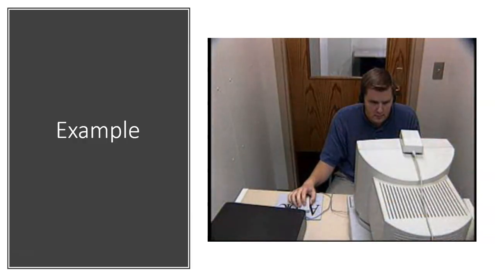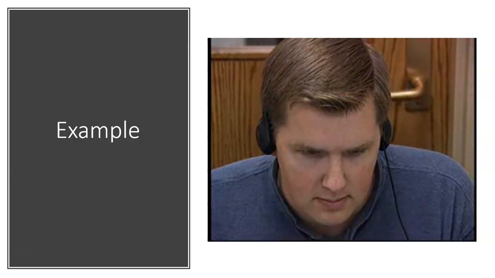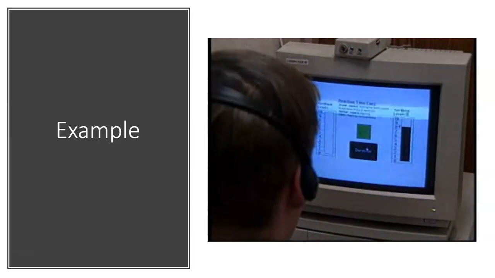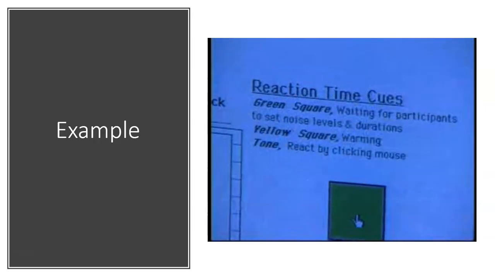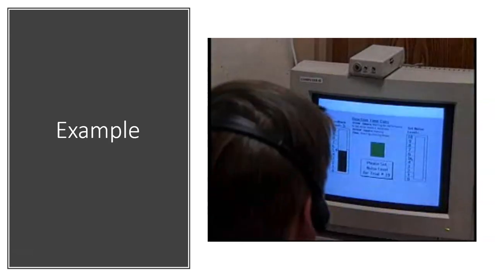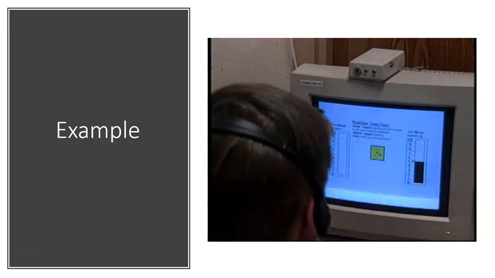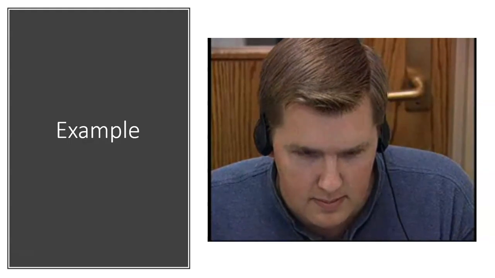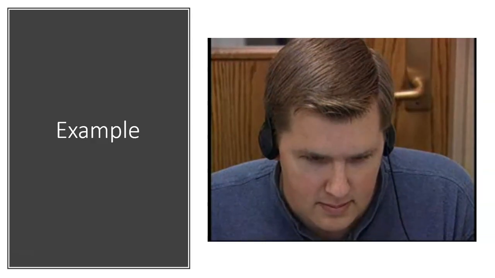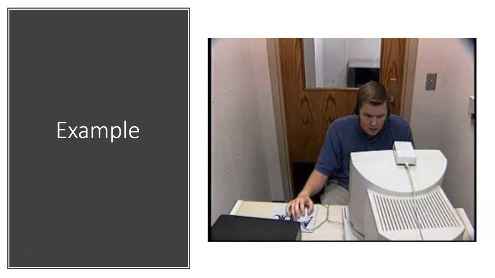In this task, the participant believes that they're competing against another person who's in another room, sitting at another computer, on a series of reaction time trials. They put headphones on, they hear a tone, they click a mouse button. Whoever responds slowest is punished by a blast of noise, called white noise, static essentially, over the headphones.